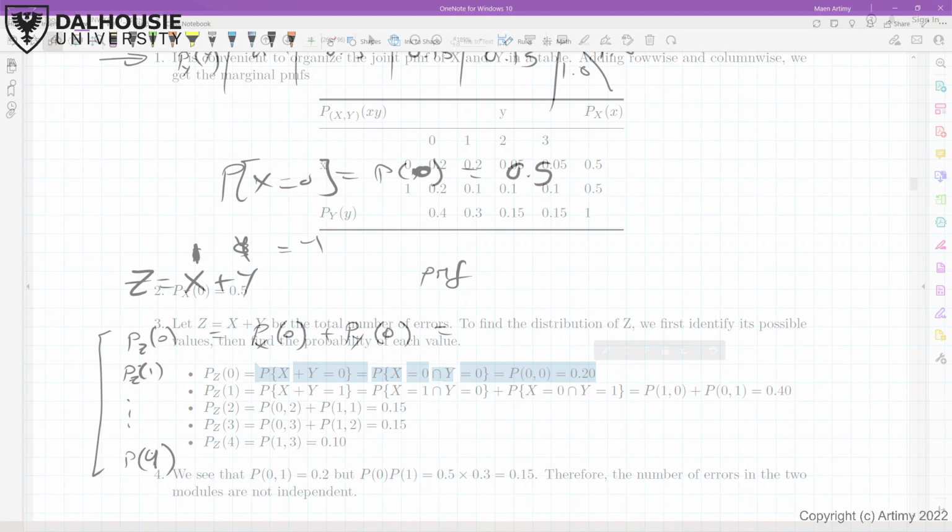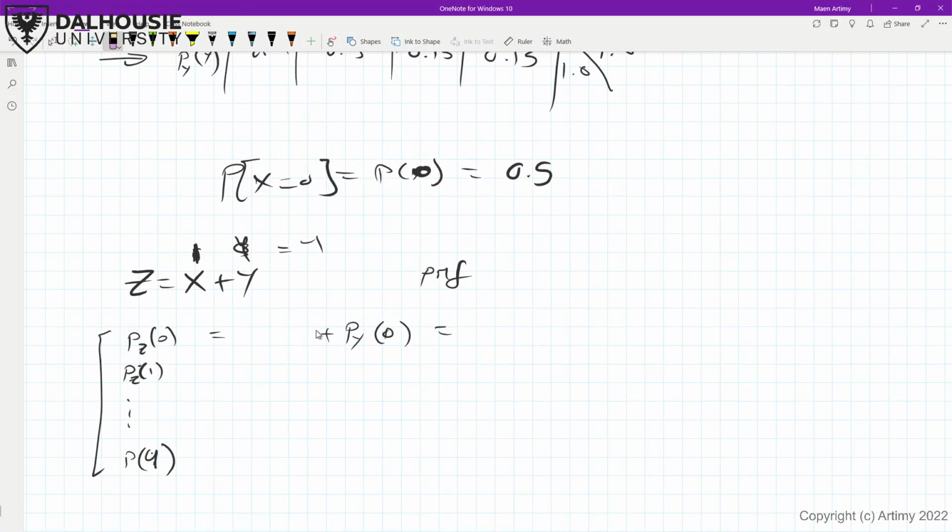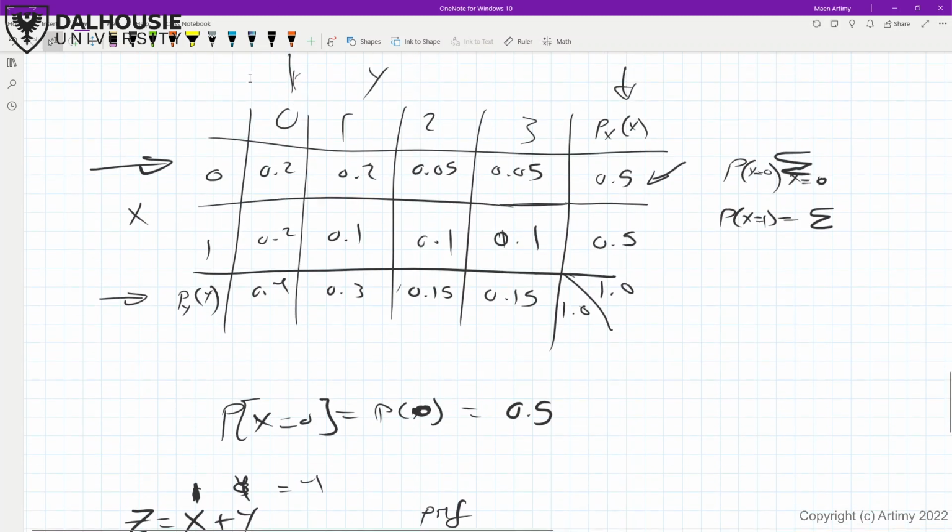Right, so let's go back a little bit and correct this mistake. That happens. Let me put it back in the basic terms first. Let z equal 0 if x equals 0 and y equals 0, and that's exactly the probability of 0,0. It's the joint probability, right? And from the table that is 0.2.